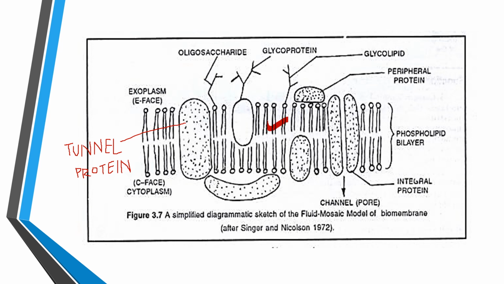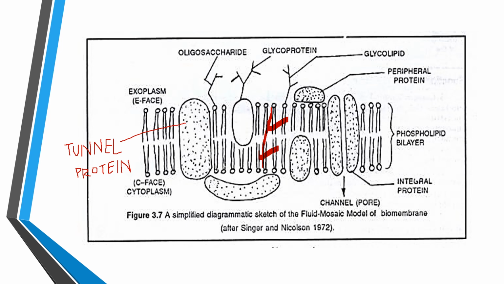This is one and this is the second one. What is special is that their heads are facing outward; the heads are polar whereas the tails are non-polar, and being polar, the heads are always hydrophilic whereas the tails are always hydrophobic.